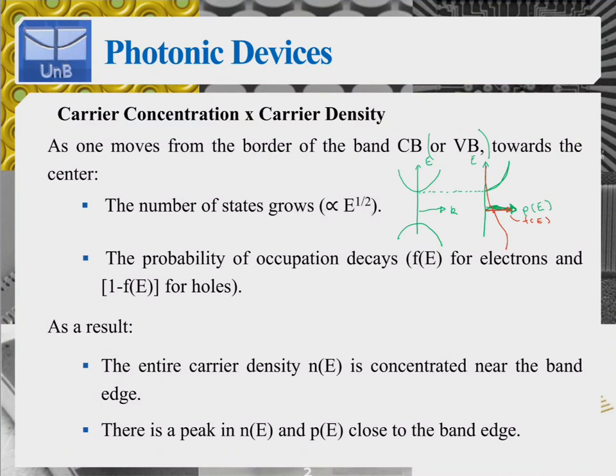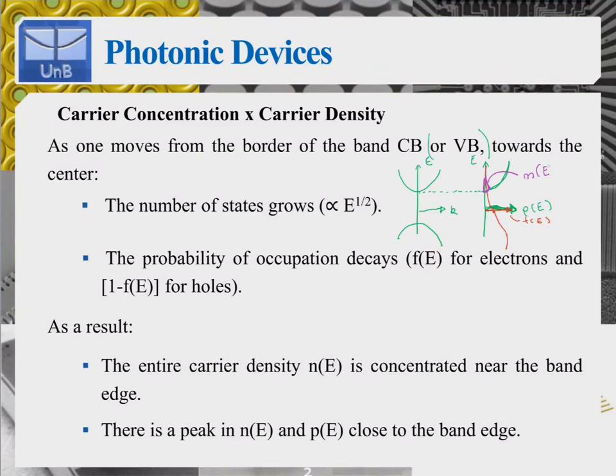Since the carrier density N of E is the product of these two things, the density of states, rho of E, and the Fermi function, F of E, then the carrier density is going to look something like this. It's going to be the product of the green function and the red function, and therefore it's going to look something like this, right? What I'm drawing in purple right here would correspond to the carrier density N of E.